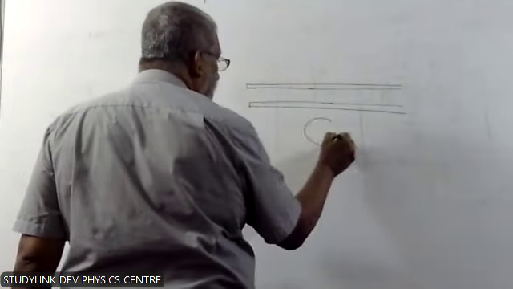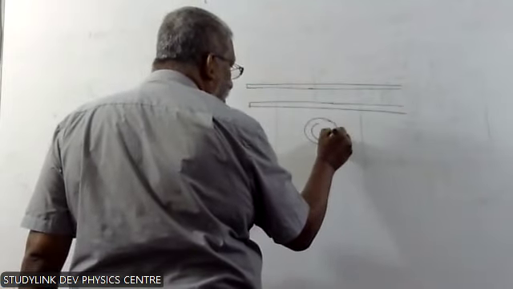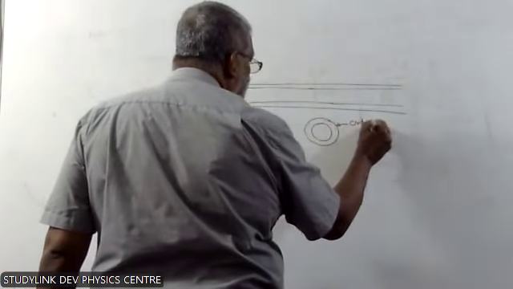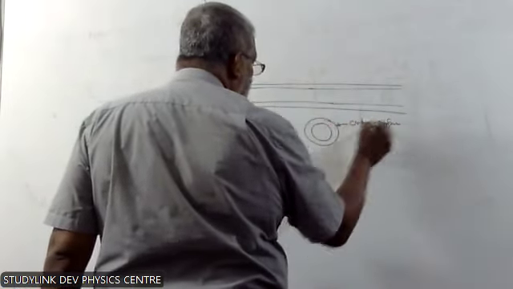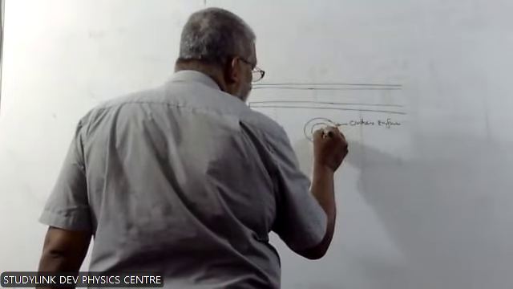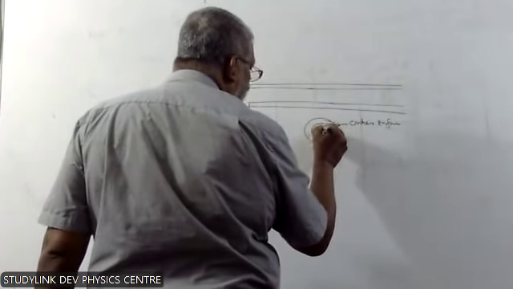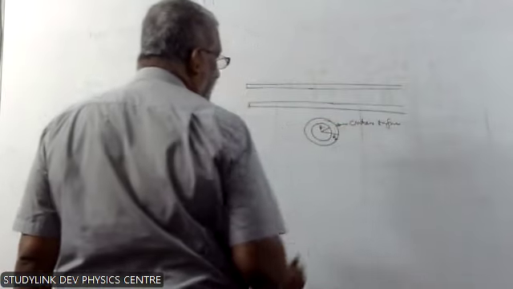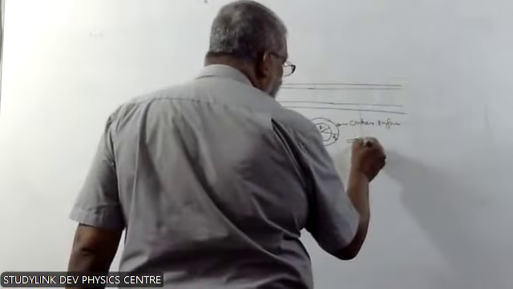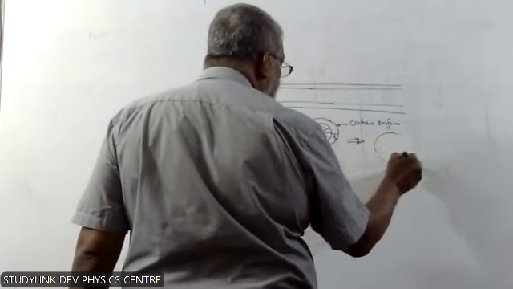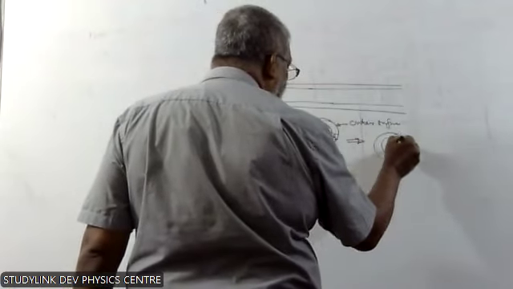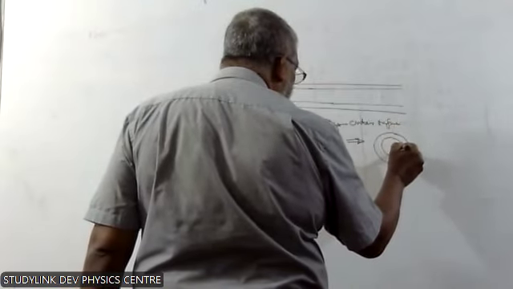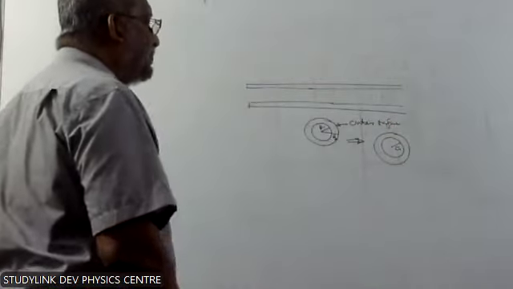If I draw the cross section separately, this is the outer surface, and this is the inner surface. This is R1, this is R2 normally. But in this case, we consider the internal radius only, and it is normally denoted by simple A in that equation.